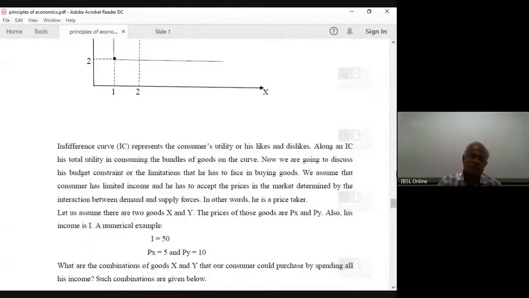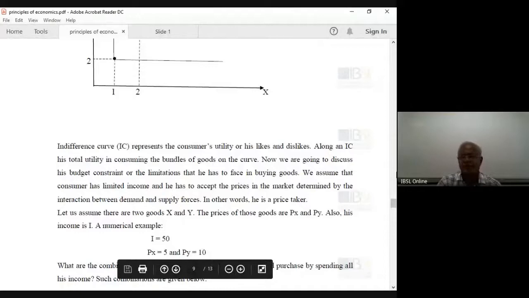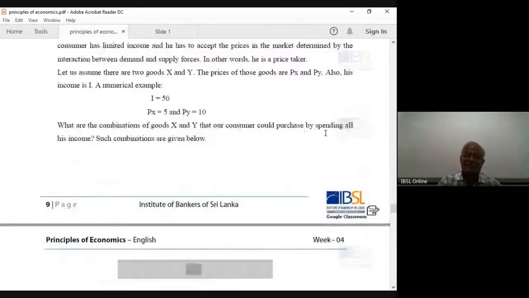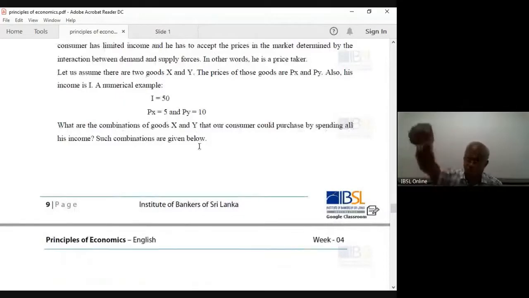What are the combinations of goods X and Y that our consumer could purchase by spending all his income? Income is 50, prices are 5 and 10.